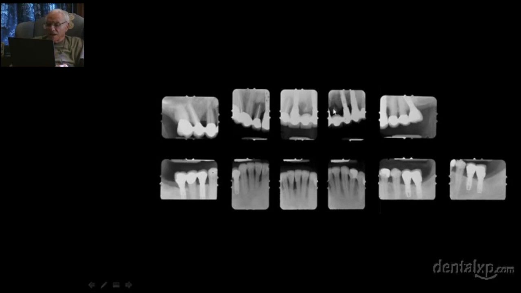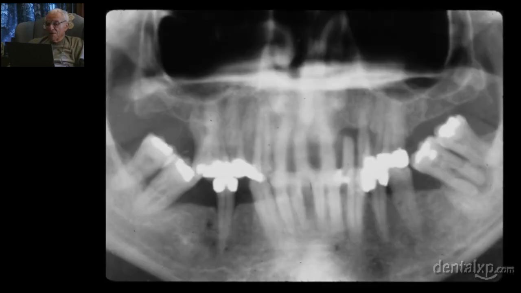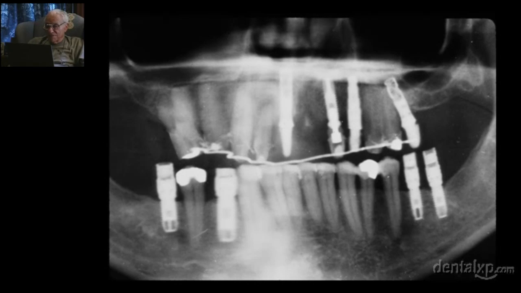Submerged in an attempt to maintain the alveolus, and that lasted for quite a while, but ultimately was resorbed. Right? Final radiographs. Remember this? Sure.